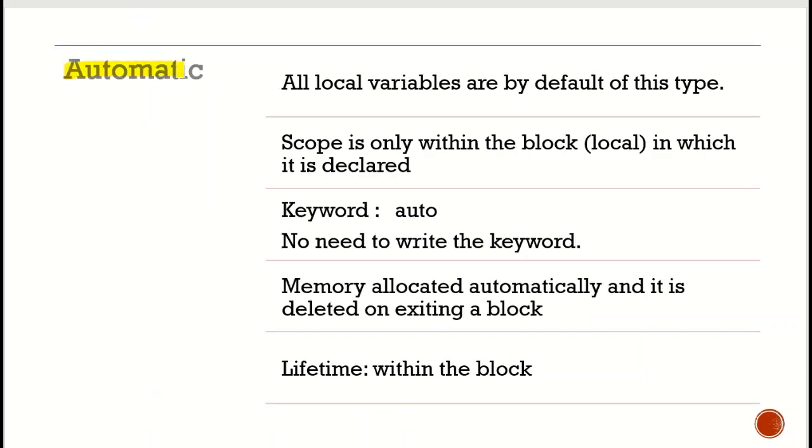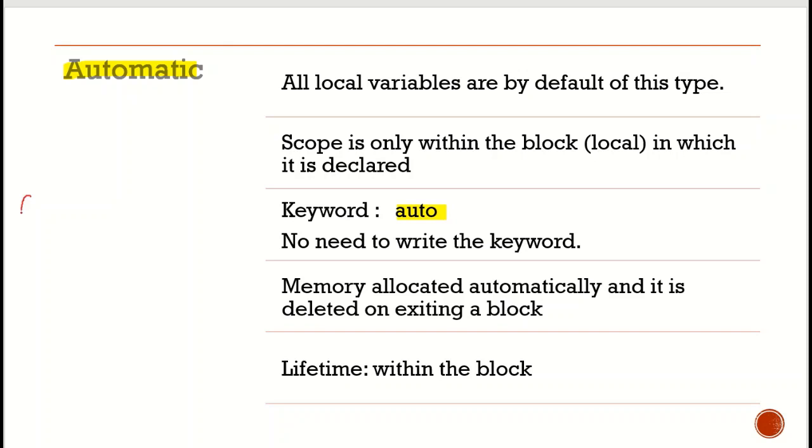Automatic storage class. By default, all local variables are of this type. The scope of an automatic variable is within the block, or it is local to where it is declared. The keyword used is auto, and actually there is no need to write the auto keyword.